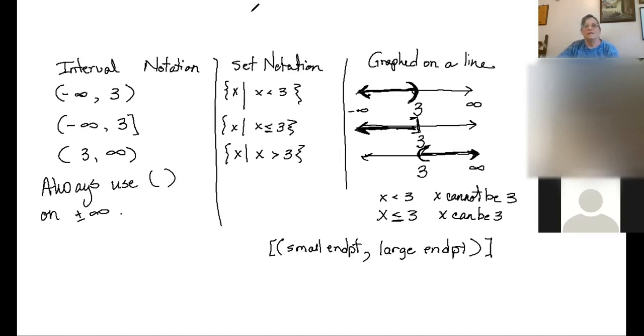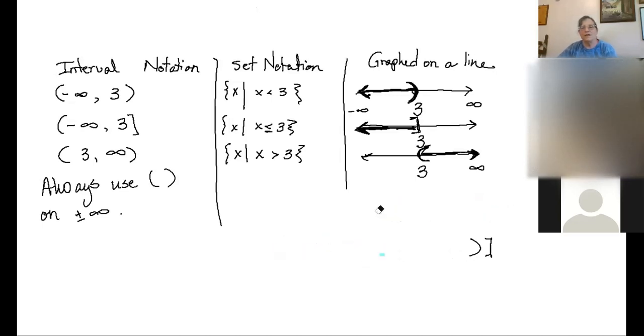Another thing, let me make some more space here. We do, of course, have situations where we've got two endpoints. Let's say we were talking about all the numbers from -2 to 7. All the numbers in between -2 and 7.